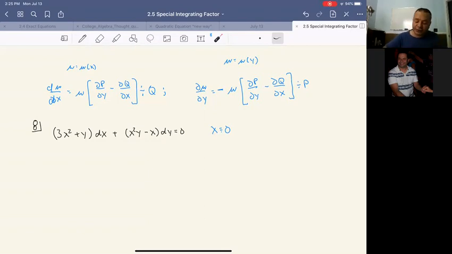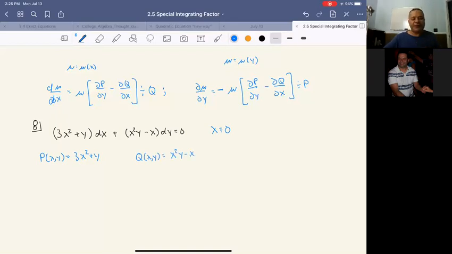But let's start doing the integrating factor technique. So we're going to start by taking P of x,y equals 3x squared plus y. Q of x,y equals x squared y minus x.